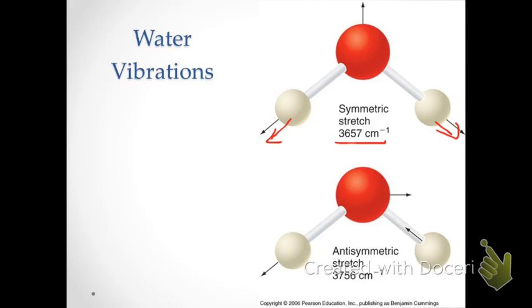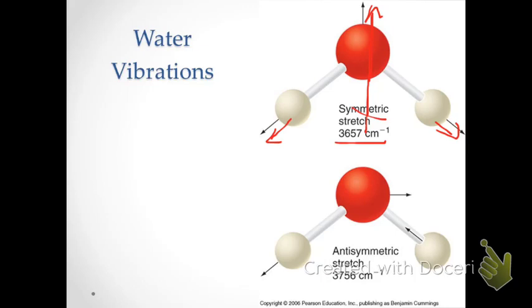Now you can probably see that in this circumstance, because water has a dipole moment to begin with, with a partial negative charge toward the oxygen and a partial positive charge between the hydrogens, as the stretching occurs, that dipole moment is going to change, so the symmetric stretch will appear in the infrared spectrum.